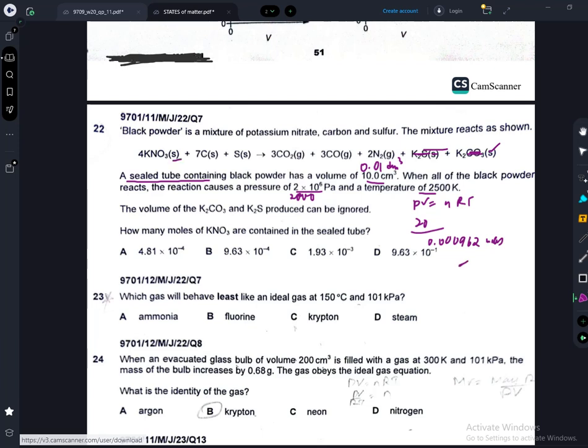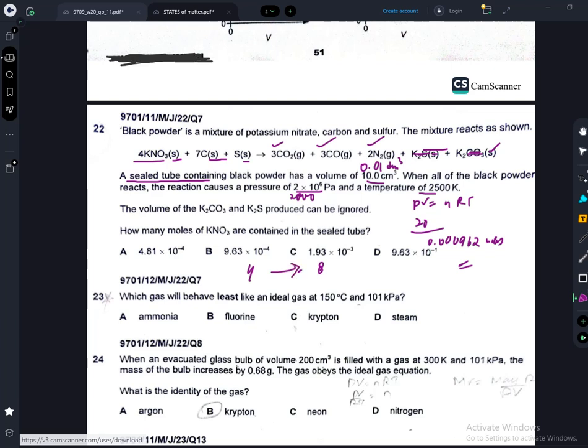These all were solid, so there is not any limiting or any other reactant involved here. Okay, now when 4 moles of KNO3 were used, they produced 3, 2, and 6, so they produced 8 moles of gases.